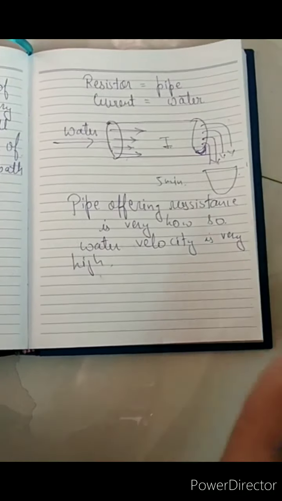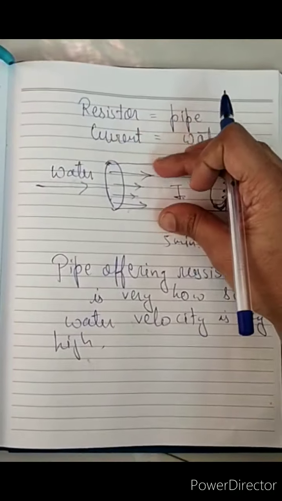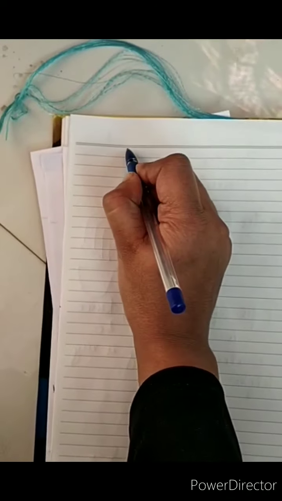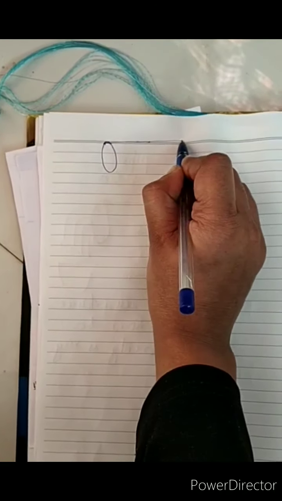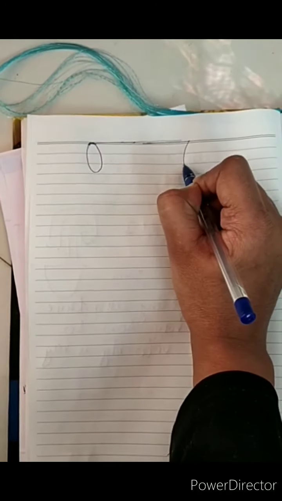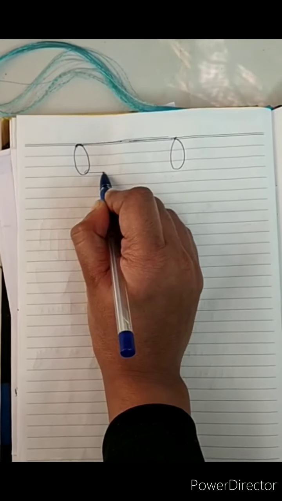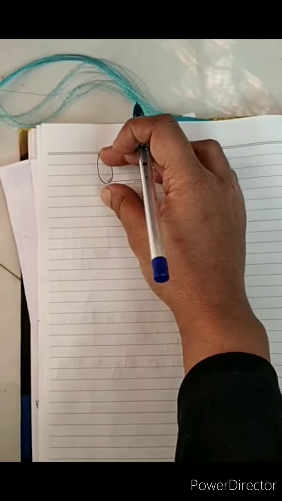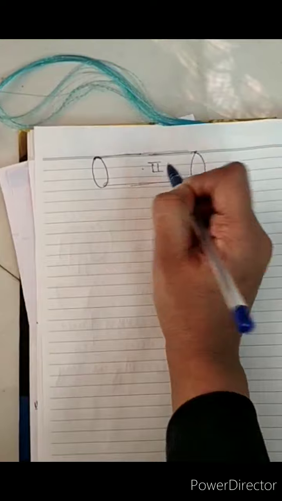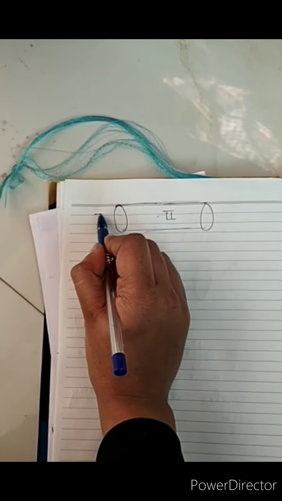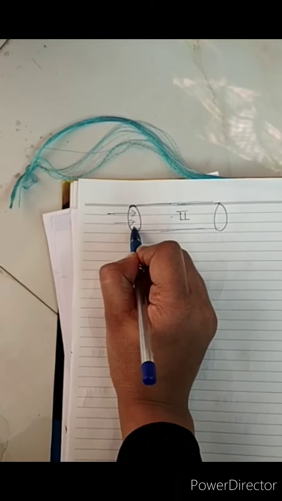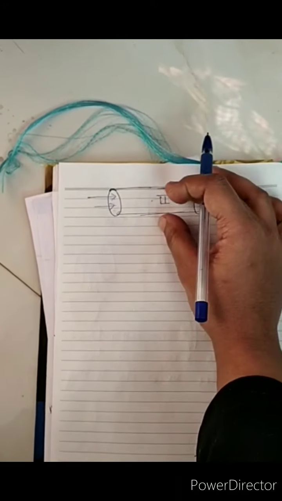Okay, this is our first figure. Now we are taking a second example. Now we will squeeze this pipe. So now the cross-sectional area is very less. Let's say this is second. Now whatever water is going in is very less. The flux of the water is very less.